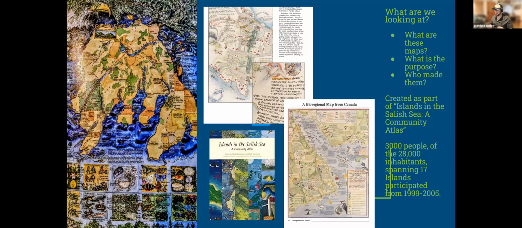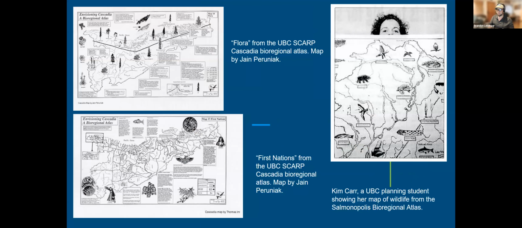If you're able to find it, I absolutely recommend getting a copy. It's getting very scarce, so I think scanning it and making it available to people is one of our top priorities. But it is a beautiful example and a how-to of how bioregional maps don't just have to be physical reflections of the place. They can also be cultural reflections of the stories that we find important and that we want to share. And then how that can be combined with art and poetry.